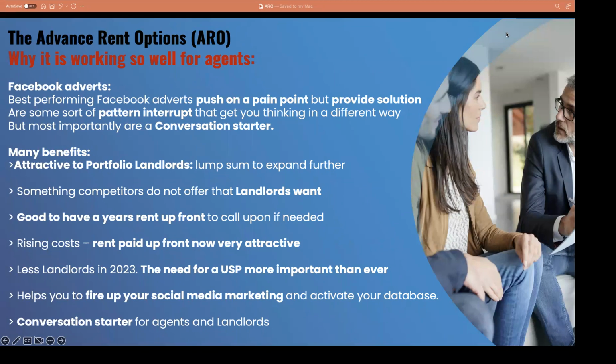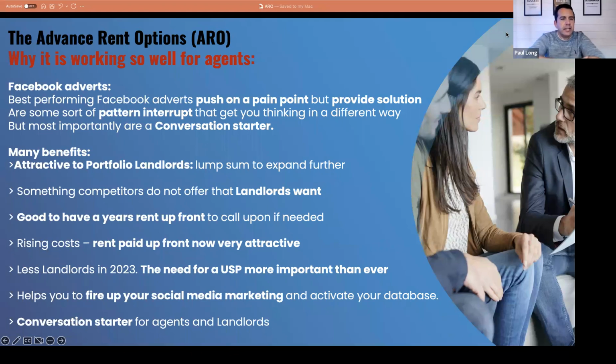I'm a landlord myself, and if I had the choice of working with a letting agent that offers something like the ARO, or the opportunity to take that rent in advance, or one that didn't, then who am I likely to contact first? I think that's the key point I'd always make about advanced rent option. It helps to attract that inquiry above potentially somebody else within your area. So that would be the main couple of points, Paul.